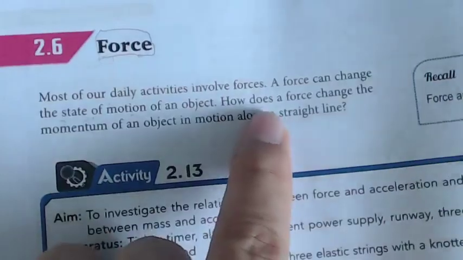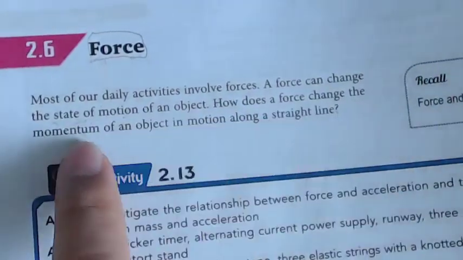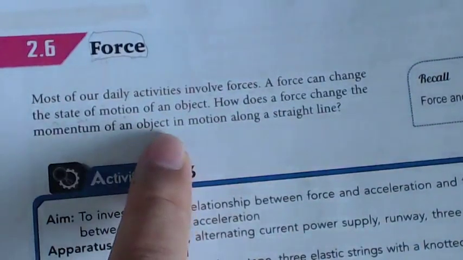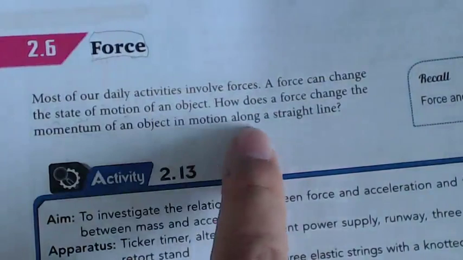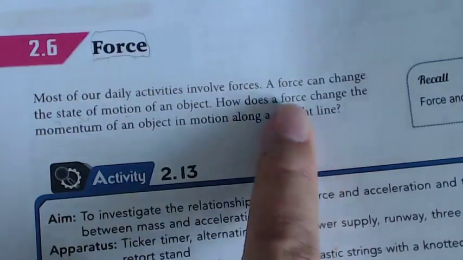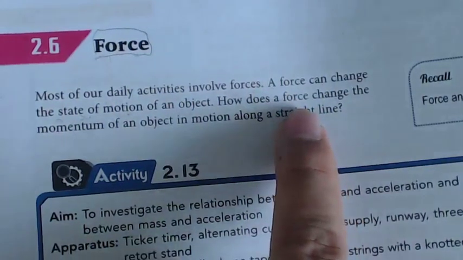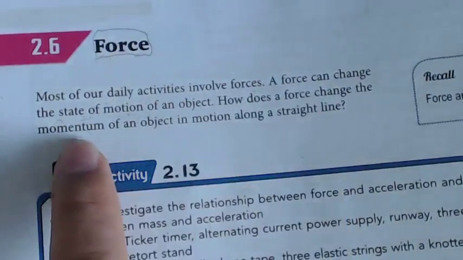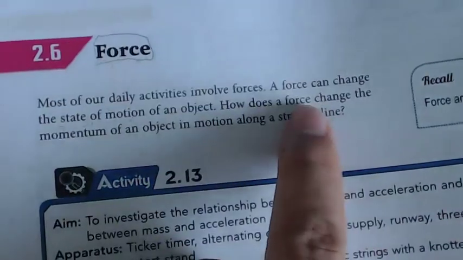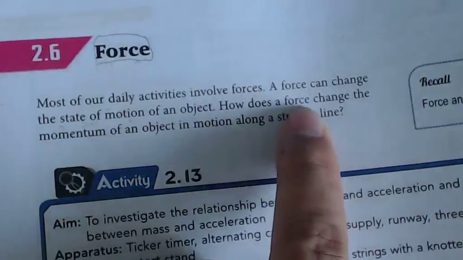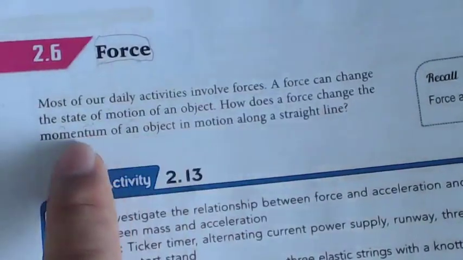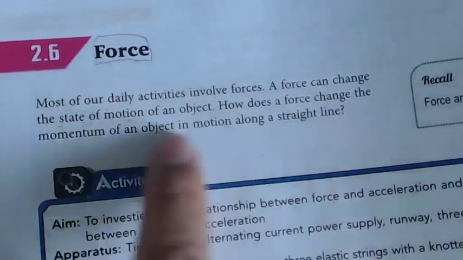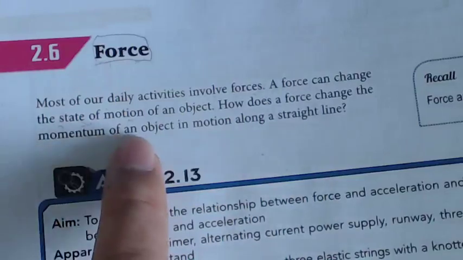Okay, how does a force change the momentum of an object in motion along a straight line? This time they're going to relate force and momentum. They're telling us what force can do to momentum. Okay, how force changes the momentum of an object.